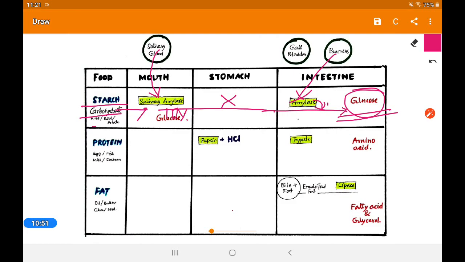Now next come to protein. When we take protein food material and it goes to the mouth, there is no protein breaking enzyme in the salivary gland, so it enters inside the stomach. The stomach secretes hydrochloric acid and pepsin at the same time.